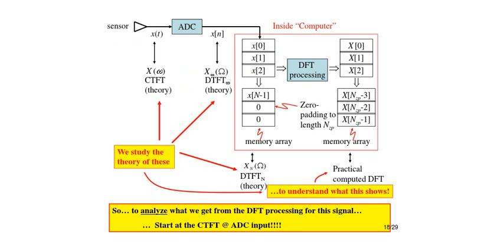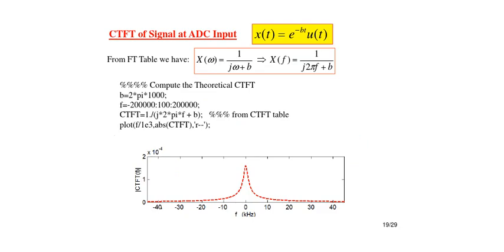To do that, we are taking the same example again, and since we cannot compute practically, we try to compute the CTFT of the previous decaying exponential, where B was actually 2000 pi, right? We can write it in this form, and we know theoretically the CTFT of this time domain signal, which is nothing but the analog signal, is given by 1 upon B plus j omega, where omega is 2 pi f.